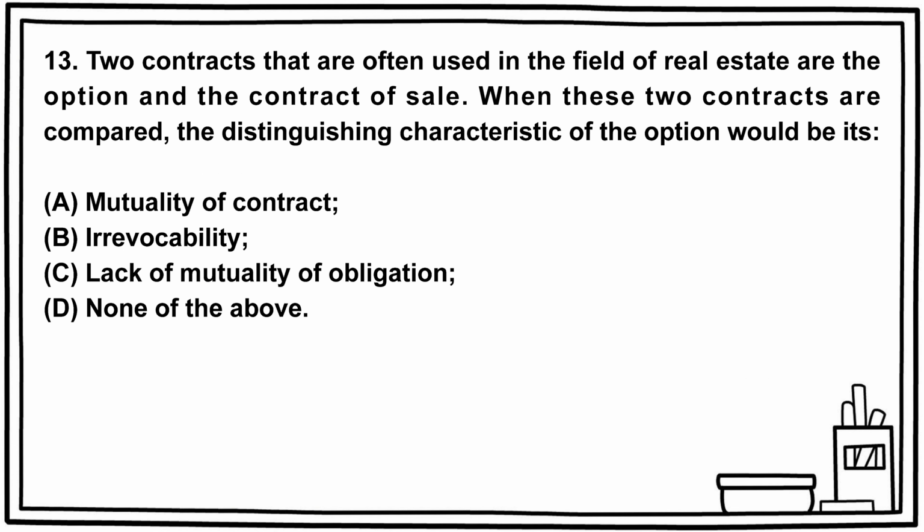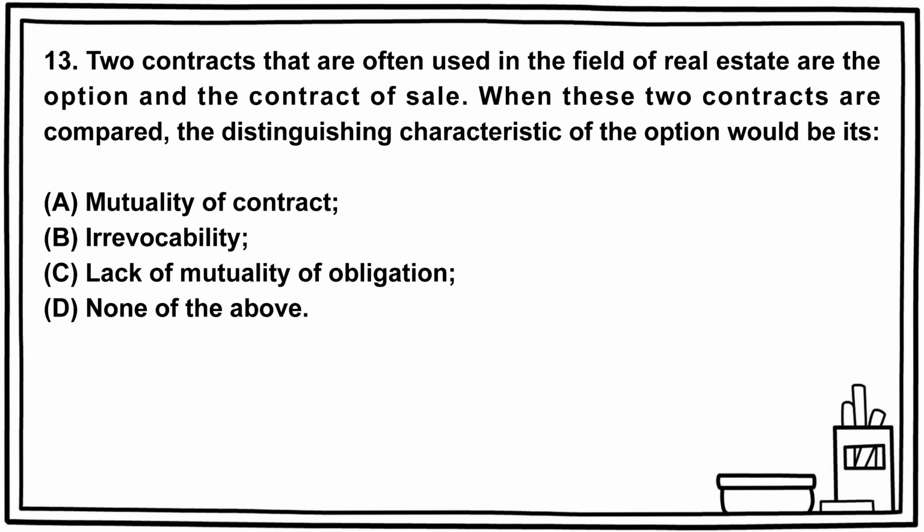Two contracts that are often used in the field of real estate are the option and the contract of sale. When these two contracts are compared, the distinguishing characteristic of the option would be its A. Mutuality of contract. B. Irrevocability. C. Lack of mutuality of obligation.